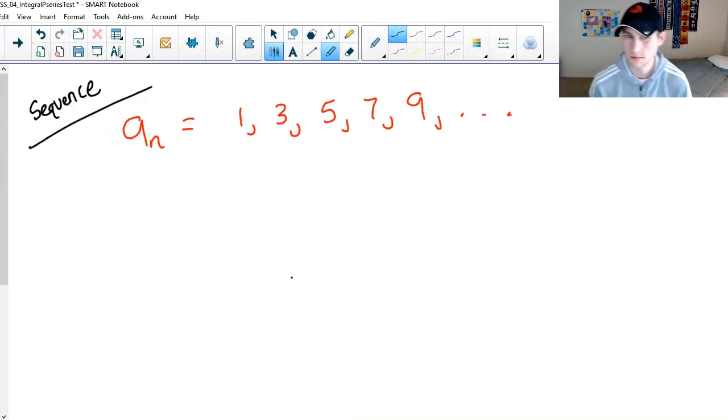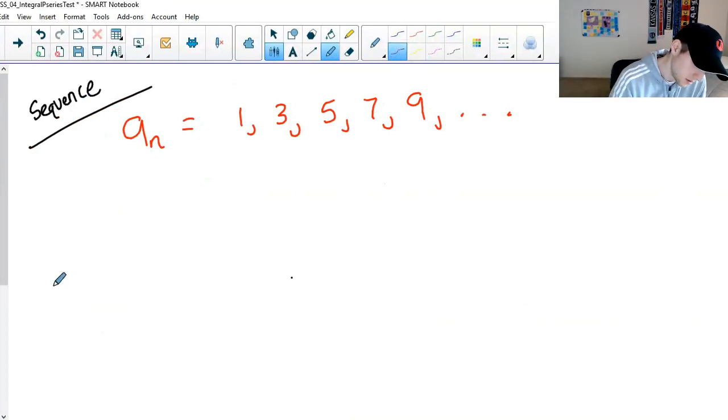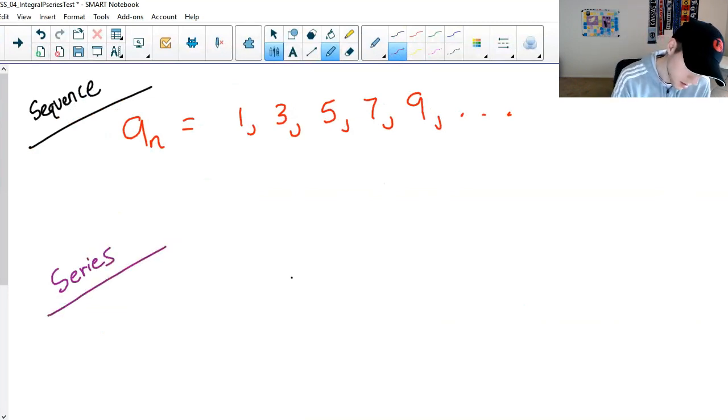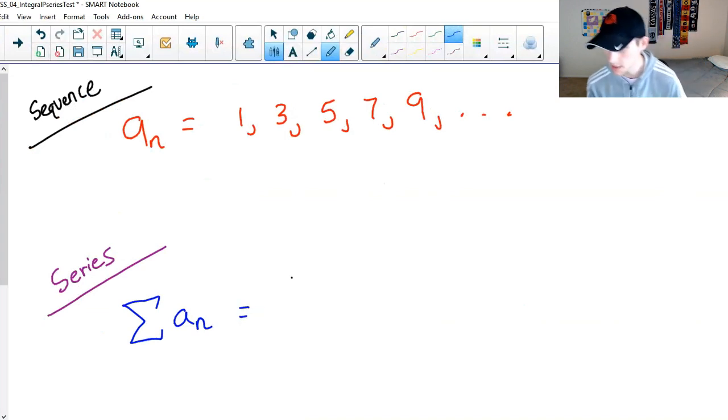This is a sequence, which is just the list of numbers, basically. Okay, it's a list of terms. But the series version of this, so sigma series, just tells me to add all those things together.